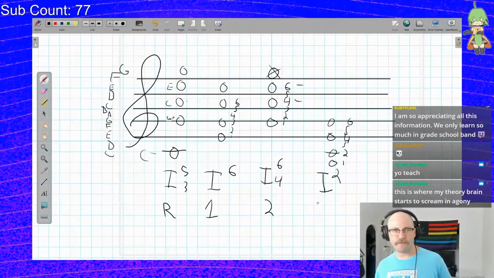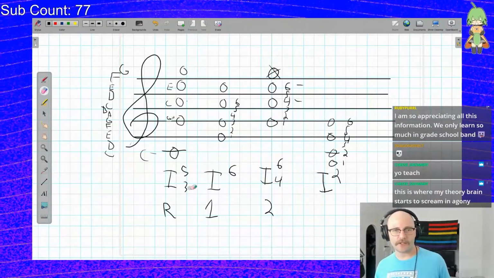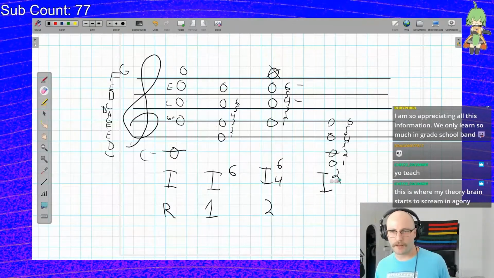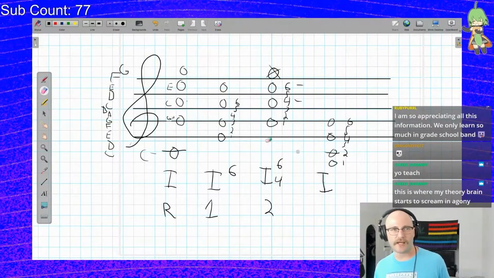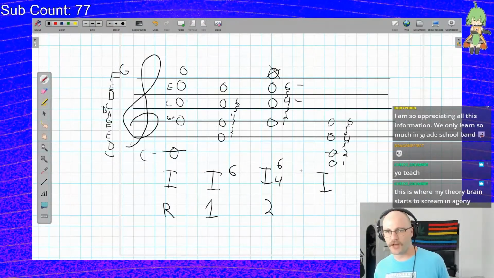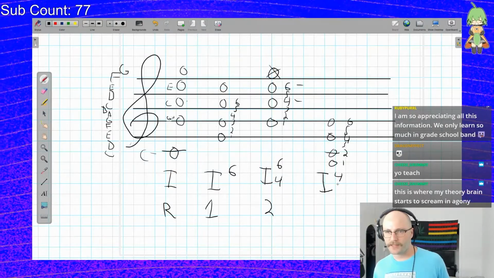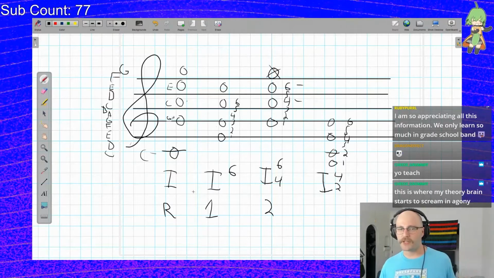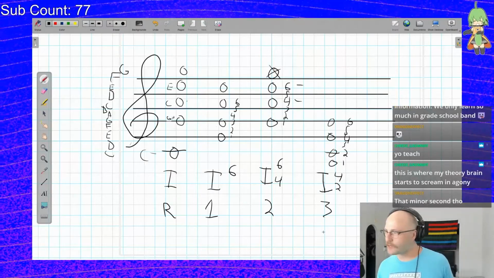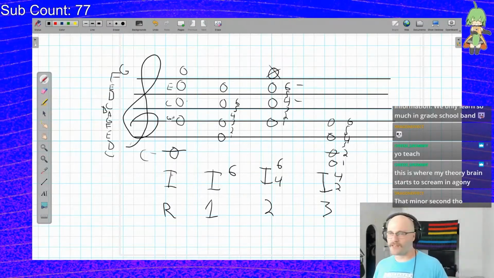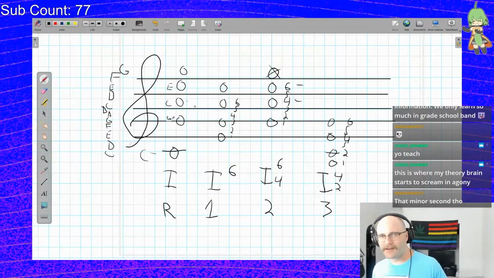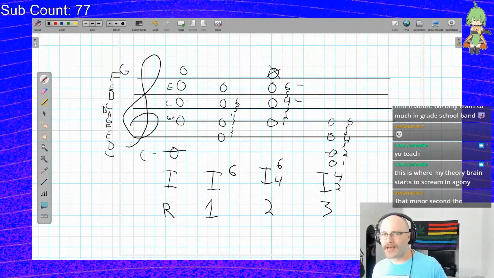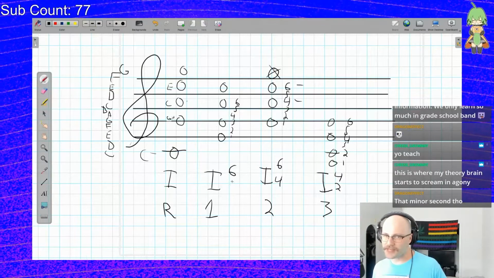You have the 6th, the 4th, and the 2nd. I personally like 4-2 because I find that to be the most visible way of seeing this. Plus, we don't have to differentiate between any other things. So this is my preferred naming scheme for inversions, where this is also known as the 3rd inversion. So you have the 1 chord, hidden 5-3. You have the 1-6 with a hidden 3.